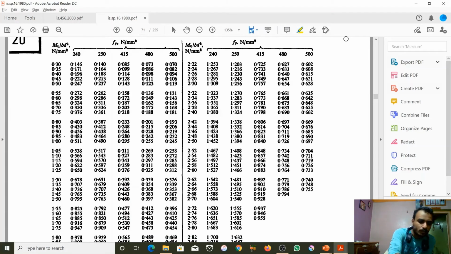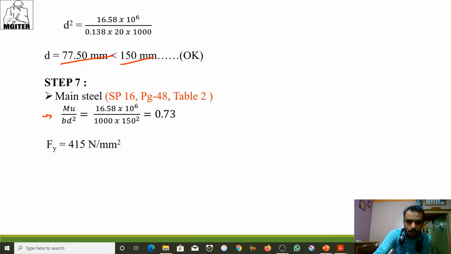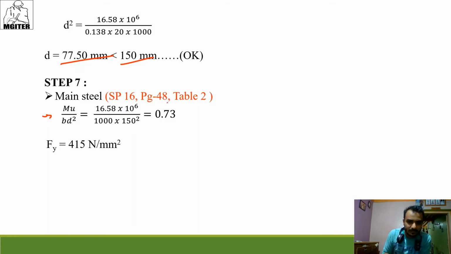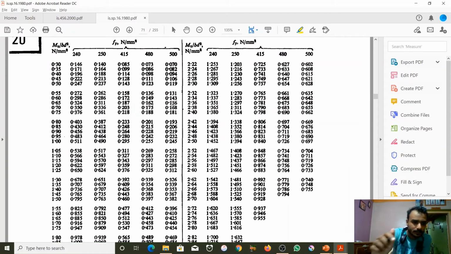Mu upon bd square, how much is 0.73? So we will find 0.73 here, but we have 0.70 and 0.75 Mu upon bd square values for Fe415 grade of steel. So our value is between these two, 0.203 or 0.218.